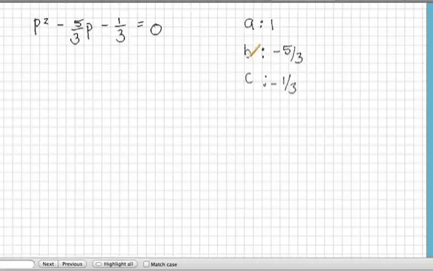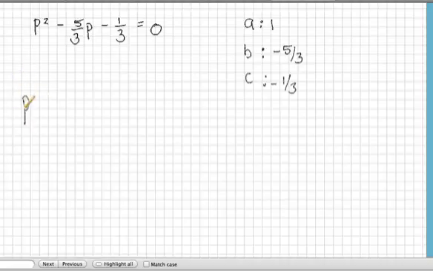Plugging this all into the quadratic formula, we're going to plug everything in first and then simplify. Doing this in 2 different steps is very, very important and will help eliminate any error, especially when we have all these double negatives that are going to be running around.